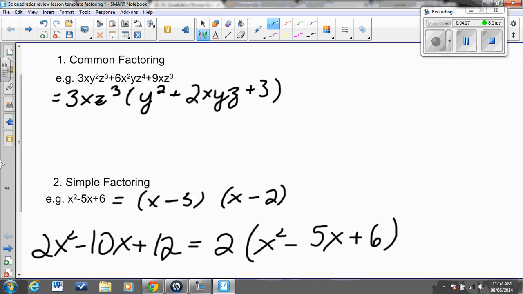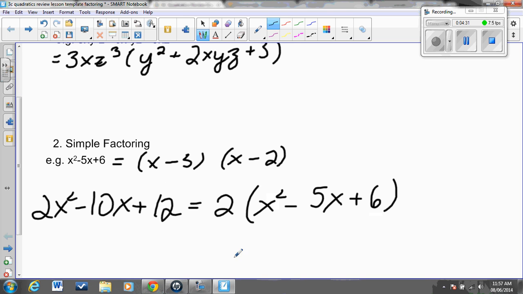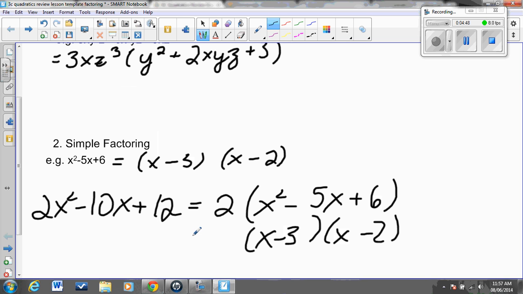So I have to common factor first and then simple factor. And I know that 2 numbers that multiply to positive 6 and add to negative 5 from above were x minus 3 and x minus 2. And the 2 is sitting out front. So be aware that sometimes you'll have to do both types of factoring.